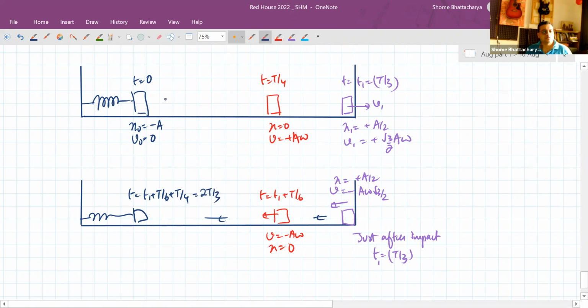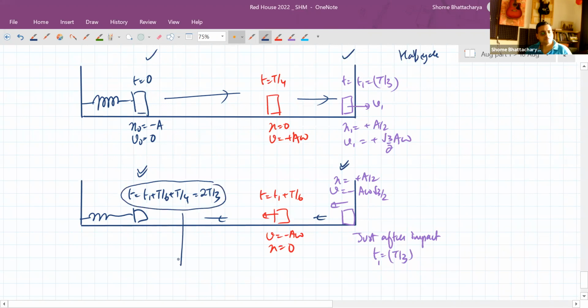So from here to here is now half cycle. And then back from here to here is the second half cycle. So this will be the net time period. So this will be the period.